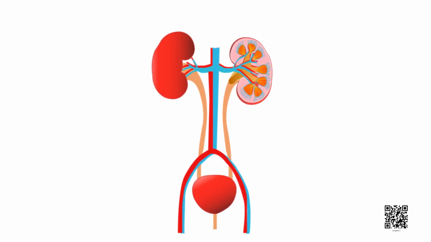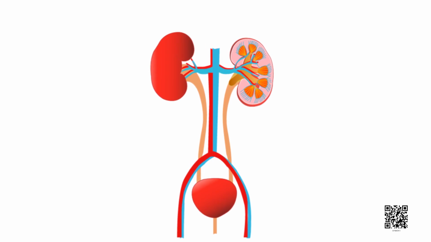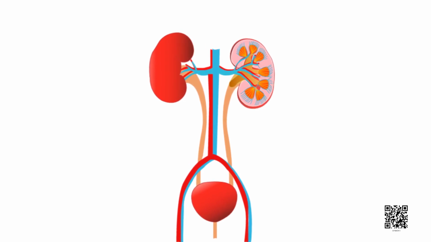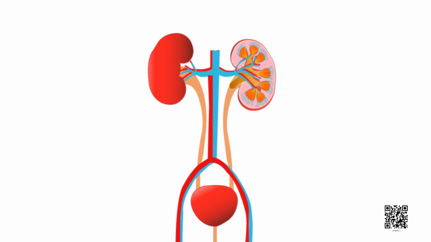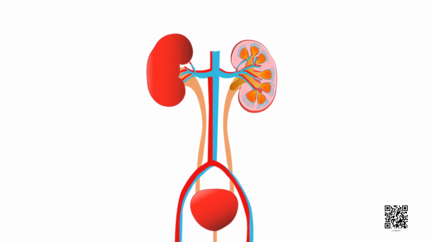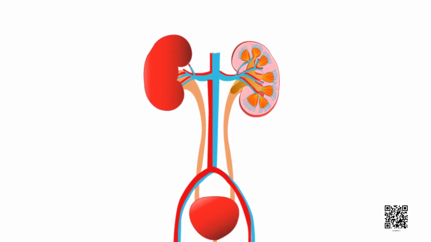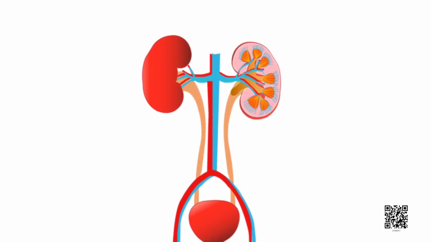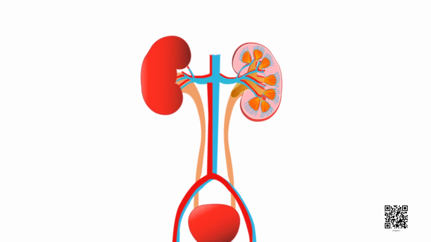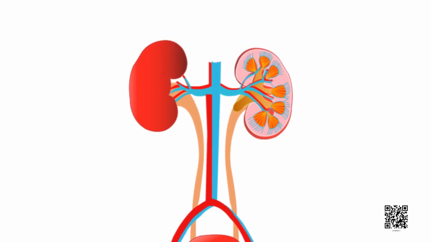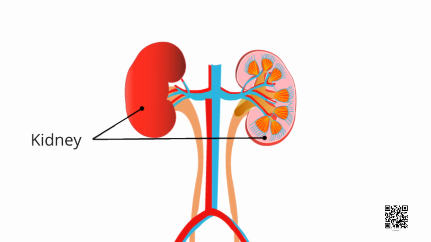But do you know how these waste materials are removed from the body? Let us see. For this, there is a need for filtration of blood. This is done by the blood capillaries in the kidneys.